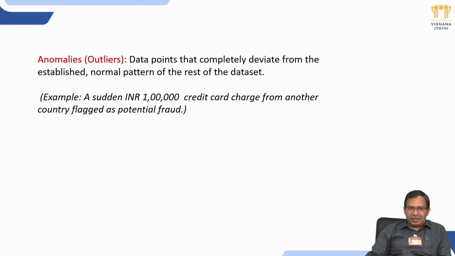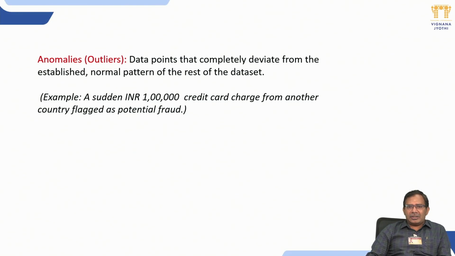Then anomalies, also called outliers, means minor components that deviate from the majority components. These are data points that completely deviate from the established normal pattern of the rest of the data set. A fraudulent transaction deviates from the regular transactions. A spam mail deviates from the majority of ham mails.